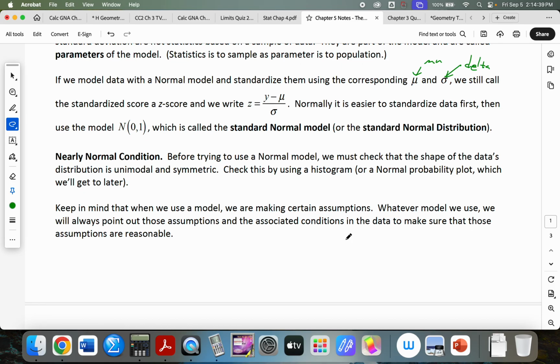Mr. Davis? Yes, ma'am. What does a normal model look like? That's a great question. We're going to get to that, but a normal model looks like this. So we just stick that on like a histogram? Basically, that's what's going on: this fits the histogram.